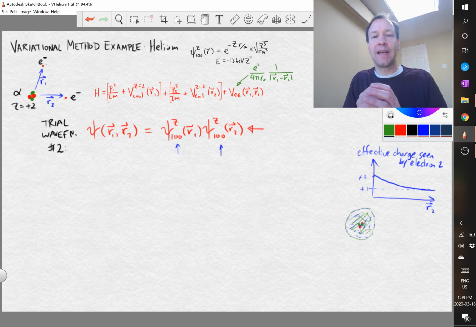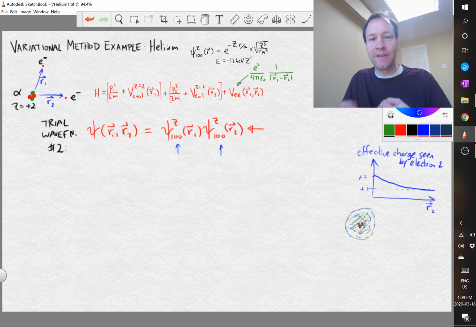Instead of saying that our wave function for the full system is just the helium plus ion wave function for one electron and the helium plus ion wave function for the other electron, we're saying that probably in the actual helium atom, the electrons are not going to be quite as close to the nucleus because of the presence of that other electron.